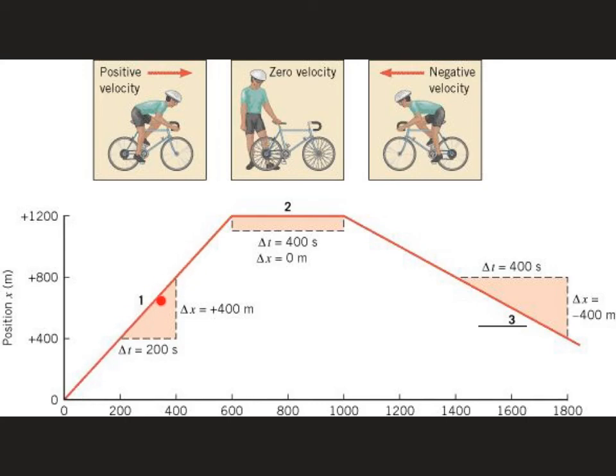So we started moving away from our origin, but then at some point we stopped. Maybe you took a rest. You got so far away, you're like, I'm a little winded. And then you wanted to start to go back. So you had a negative velocity, but it was still constant. So notice that you're going back towards your house.